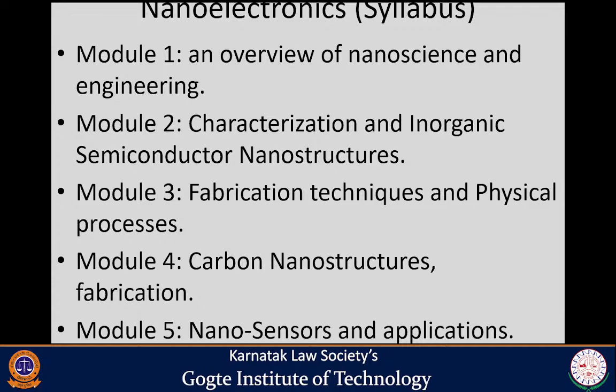Unit 3, to be more detailed, deals with the fabrication techniques and the physical processes. Fabrication techniques like epitaxial growth, semiconductor nanostructures, colloidal quantum dots, and self-assembly techniques. Whereas the physical processes deal with the resonant tunneling effect, the charging effect, quantum Hall effect, and other such effects which come into the picture when we are dealing with nanotechnology and nanoelectronics.